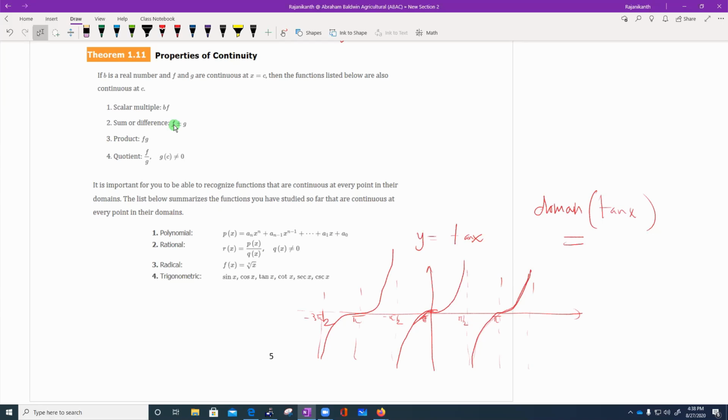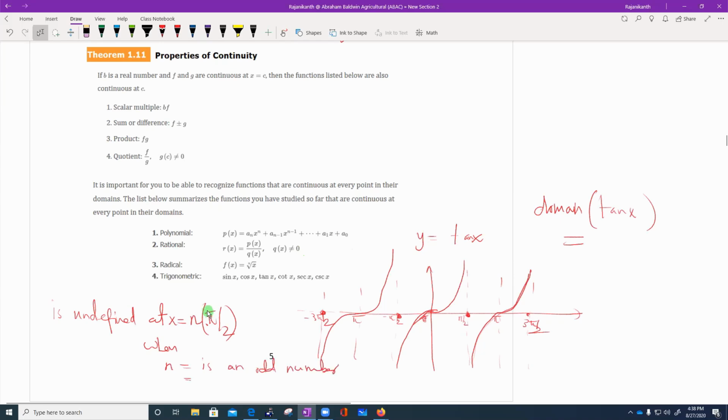So at these points, pi over 2, negative pi over 2, negative 3 pi over 2, positive 3 pi over 2, the tangent graph is undefined, at these types of points where n is an odd number.